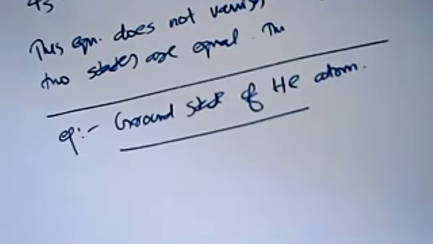Then we also have some other methods to find the ground state of helium. So normal quantum mechanics methods stop with the hydrogen atom. You cannot go to the higher atoms, very difficult. But using these symmetry properties, we will get some idea or some values for the ground state of the helium atom.